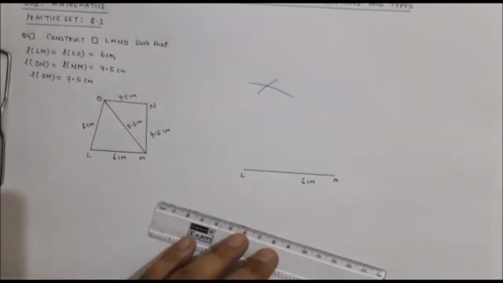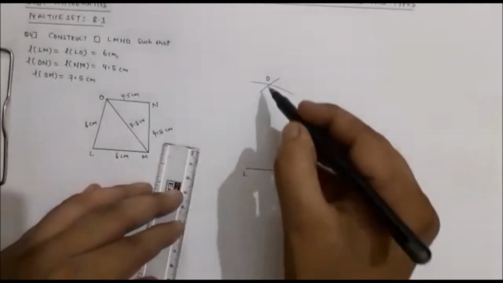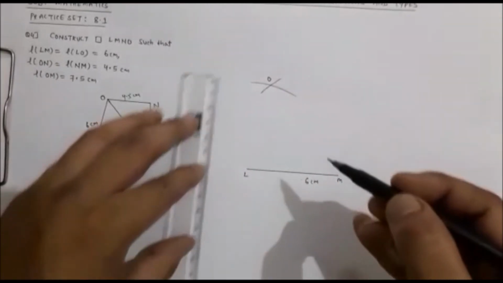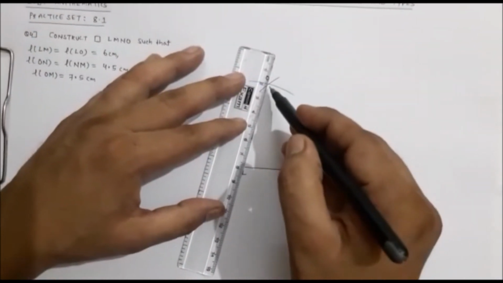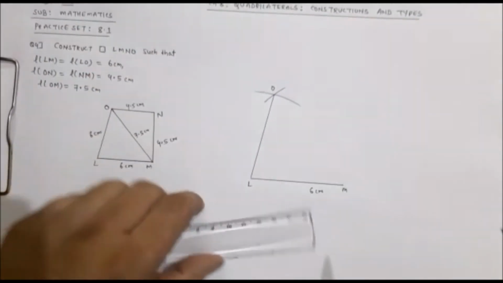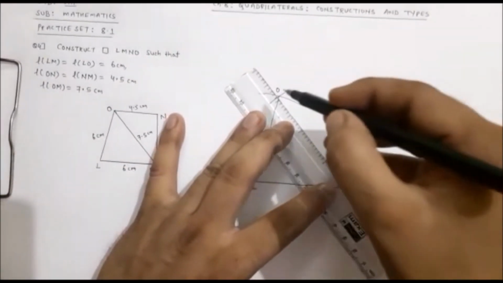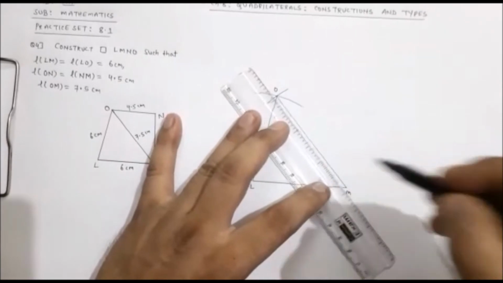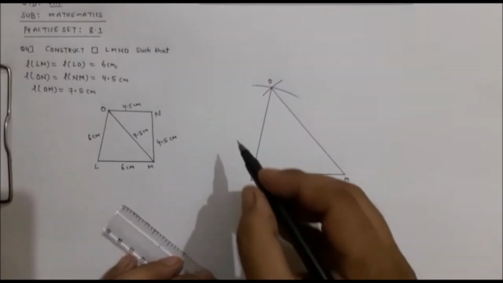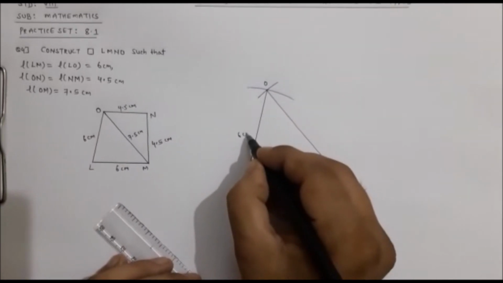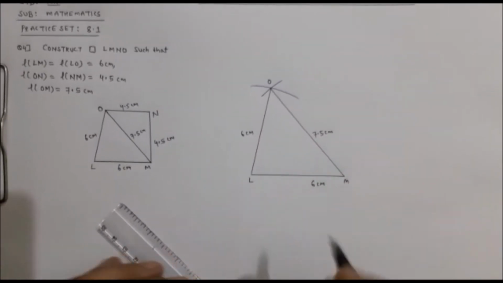Okay, you can see that, and you get this point is O, right? Draw O to L and O to M. This is O to L, and draw seg O to M. Okay children, so we got triangle OLM. You can write the measurements, 6 cm and this is 7.5 cm.